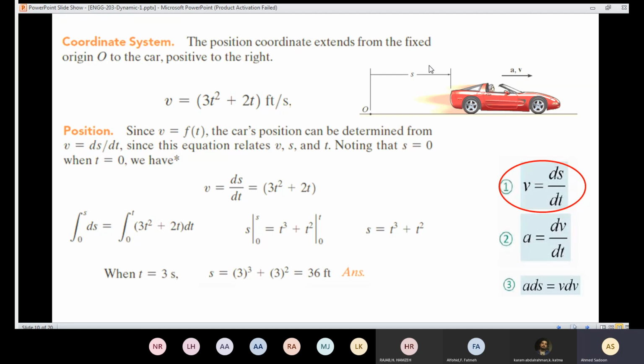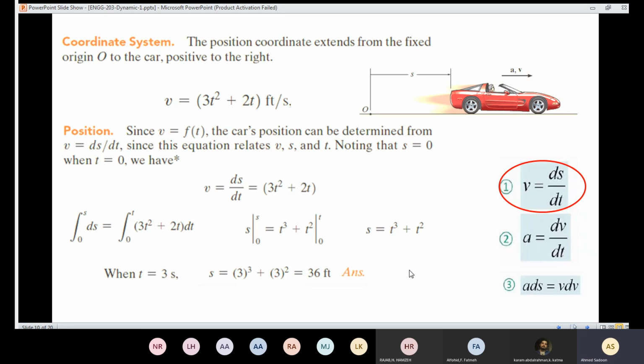So when the time is 3 seconds, the position of the car was about 36 feet from the origin. Of course, using this formula, I can know the position at any given time, not only 3 seconds.